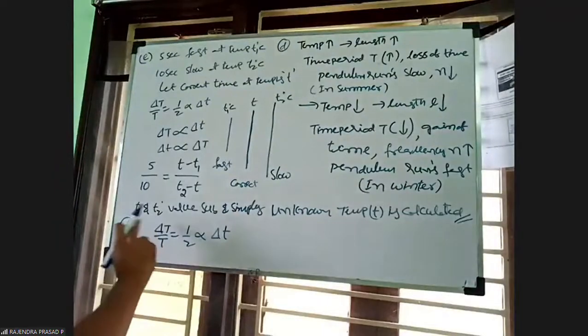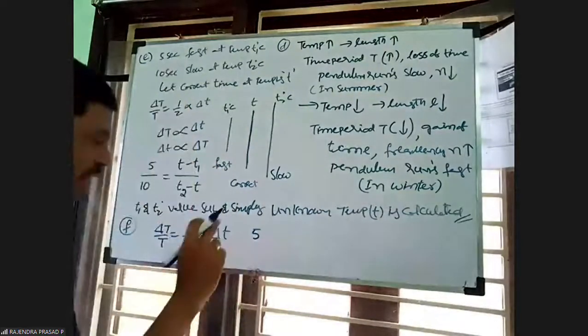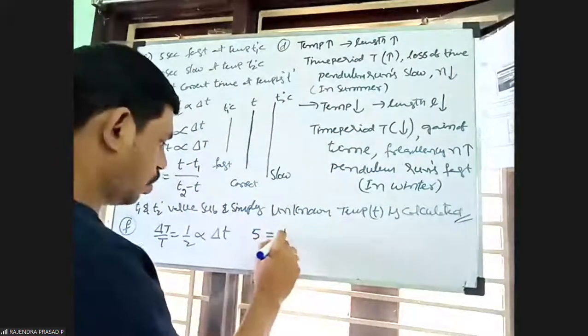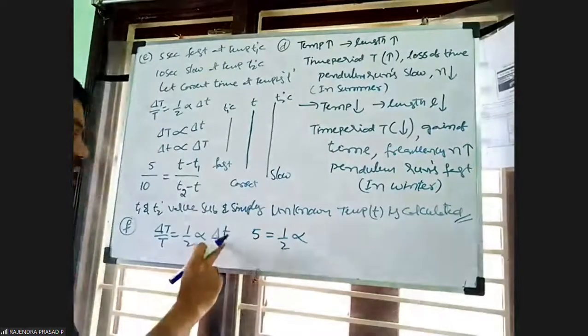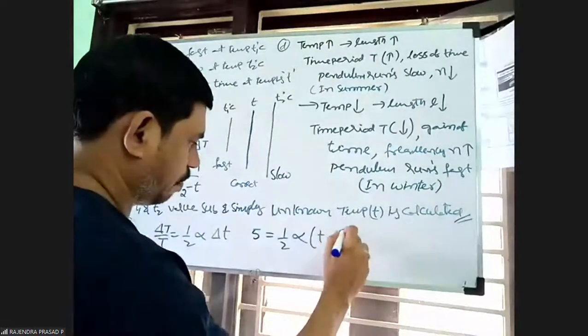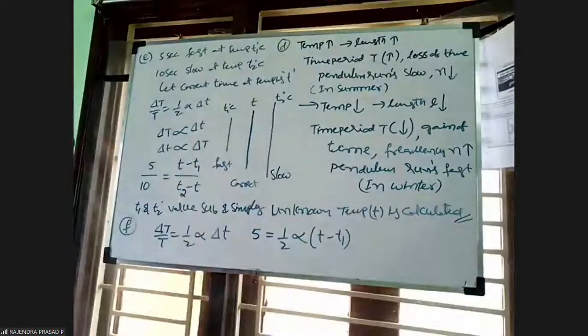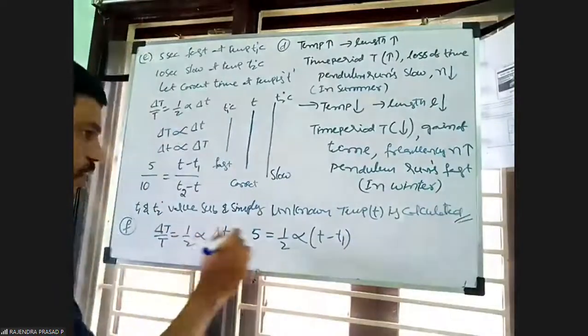For example, 5 seconds loss of time: 5 seconds is equal to 1 by 2 alpha into T minus T1, per day, into 86,400 seconds per day.